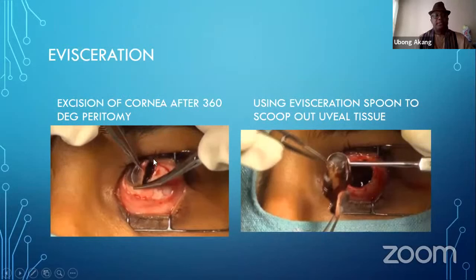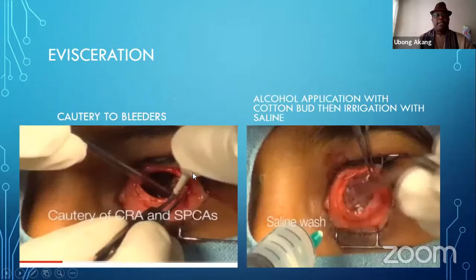So you just take on evisceration. You can see here, the first thing you do after anesthesia is to excise a 360-degree peritomy. This is the peritomy here. Then you excise the corneal button. Then you use your scoop, your spoon, to scoop out the uveal contents. And then you can apply cautery. If you don't want to apply pressure, you can use no cautery.